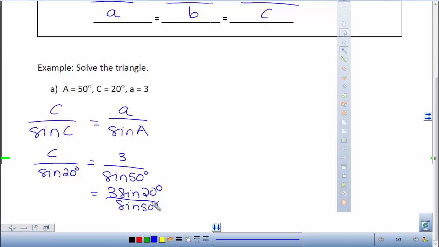Okay, and then we can plug that into our calculator to see what we get. Okay, 3 sine 20 divided by sine 50. I want to make sure we're in the right mode, degree mode. And I got 1.34, we'll say.